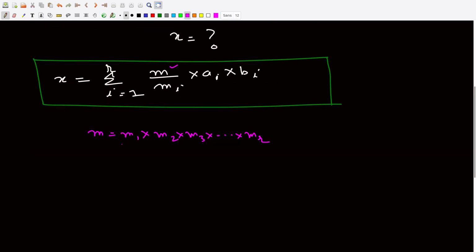Now what is mi? ai is clear because ai is part of our equation.